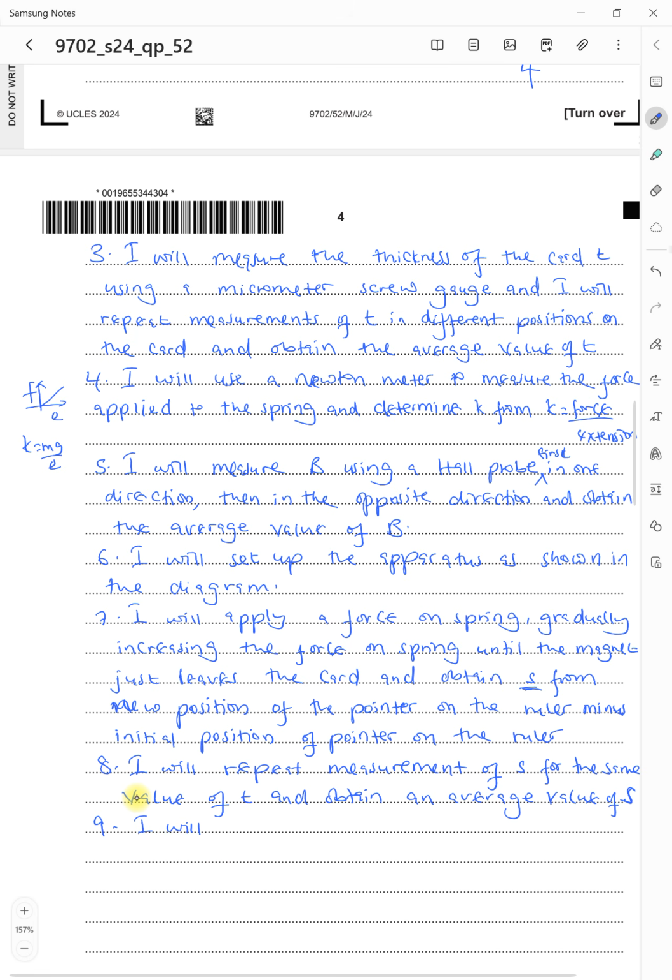I will remove the force and check if the spring returns to its original length every time, so that the elastic limit is not exceeded.